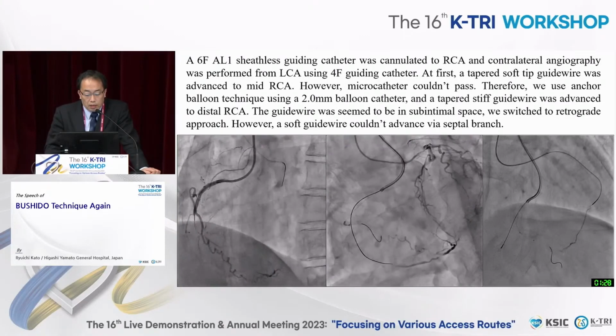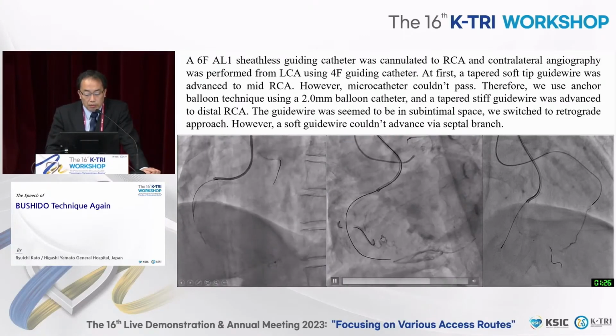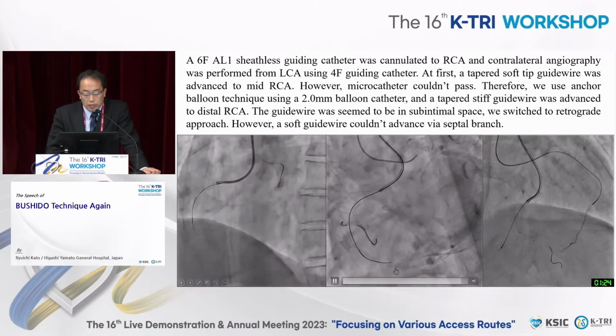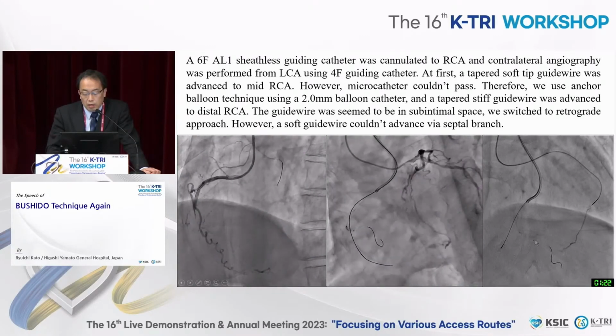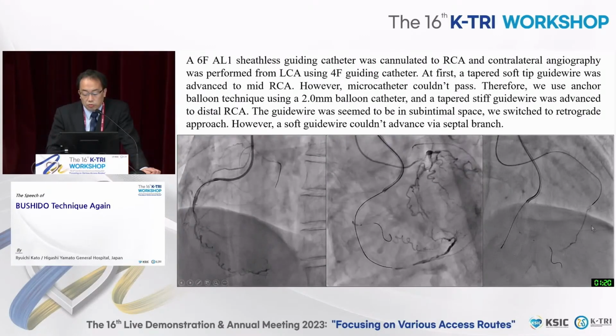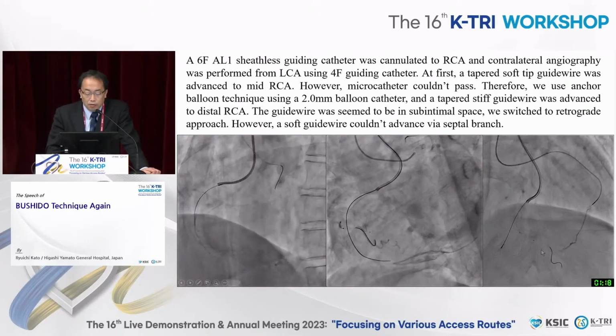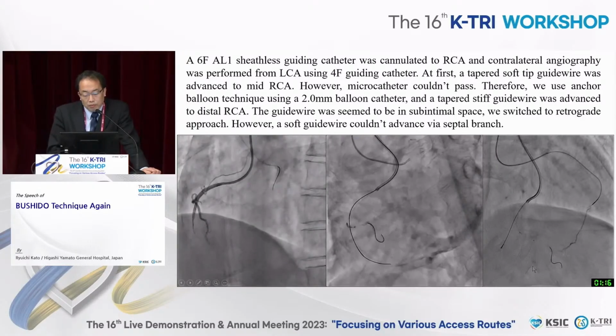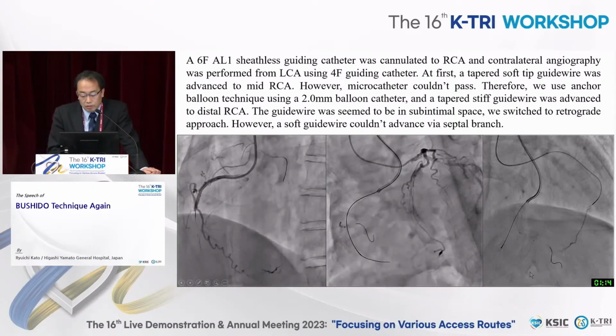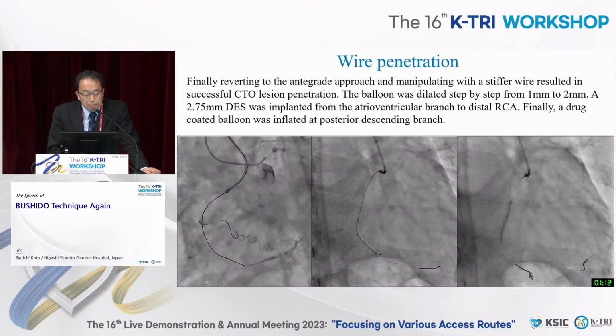At first, as you can see, I failed to cross the region with the antegrade approach and the anchor balloon technique. So next, I changed to the retrograde approach. However, the Corsair-type catheters had poor backward force and I failed to cross with the retrograde approach. Next, I reverted to the antegrade approach, manipulating with a soft wire, which resulted in a successful CTO intervention.